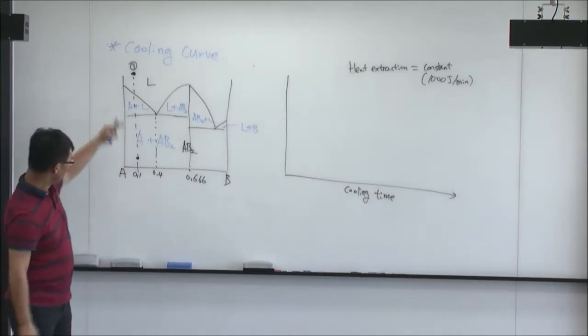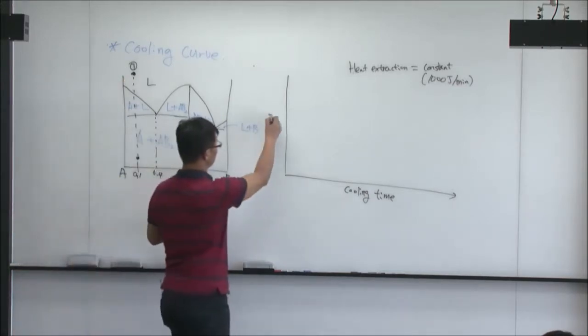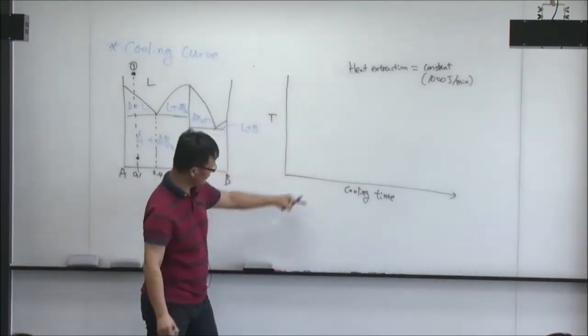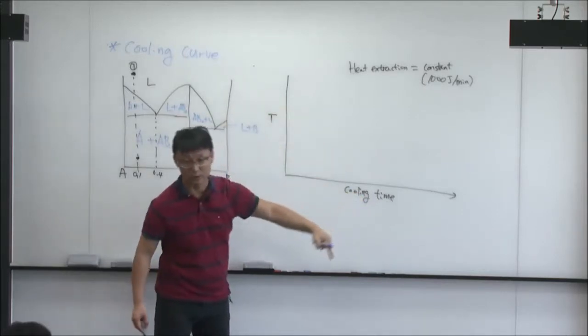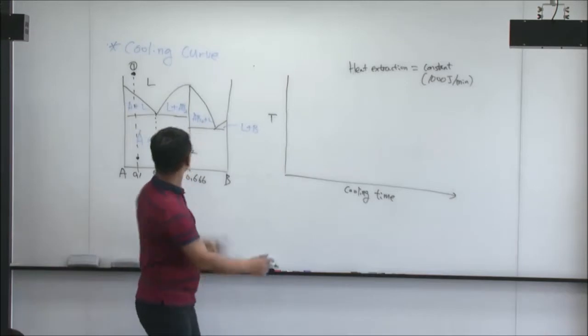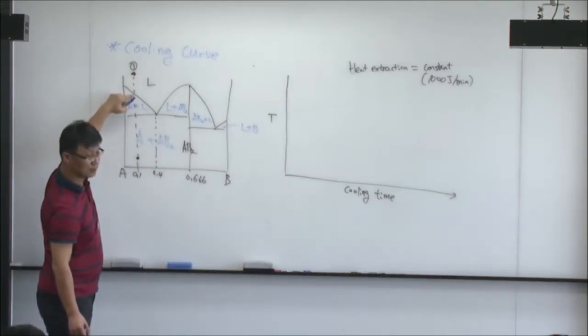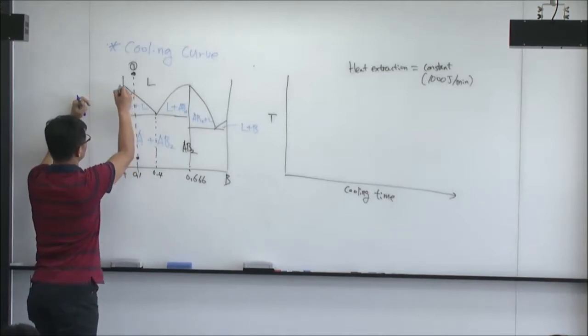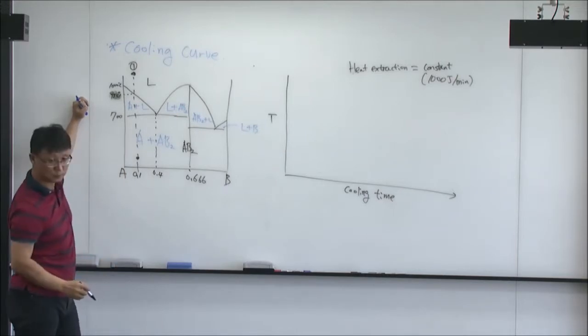So let's take 0.1 at the highest temperature. This is temperature, and this is cooling time. With the cooling time the temperature should decrease, yeah? Let's take this one as 1000 degrees Celsius, this one as 950, and this one as 700 degrees Celsius, for example.